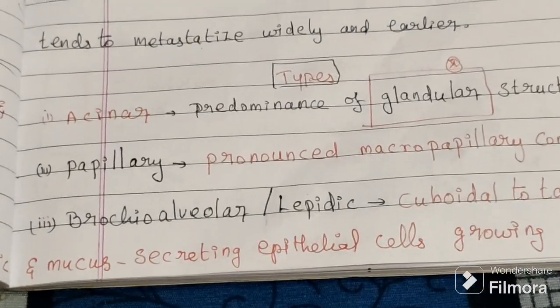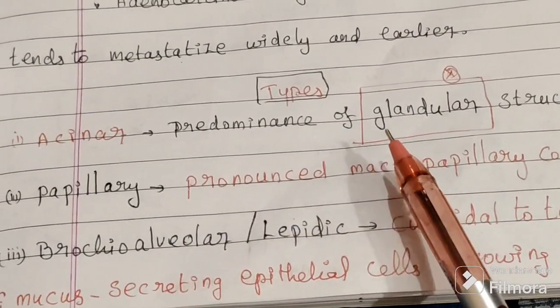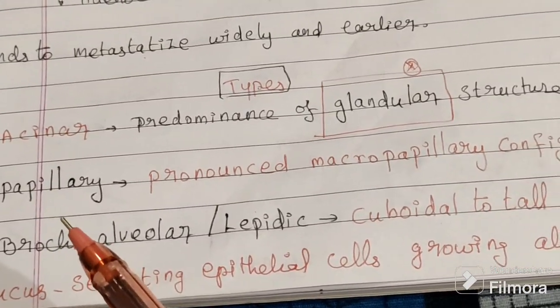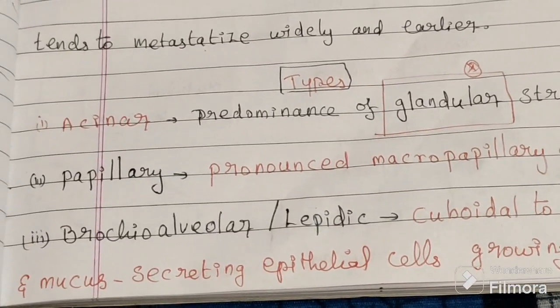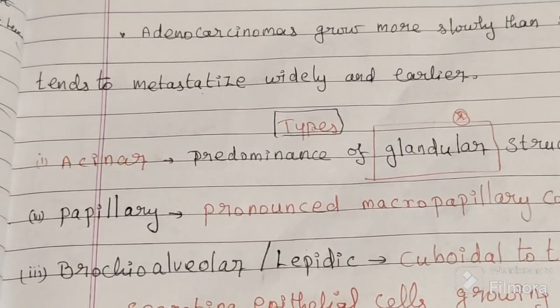Then it has 4 types. Acinar type, which means it has glands. Second one is papillary. Papillary means finger-like projection. Third one is bronchioloalveolar. Fourth one is solid.